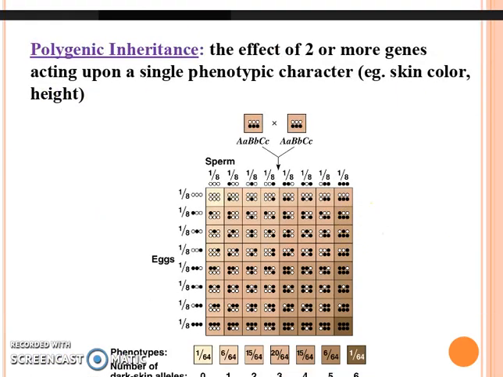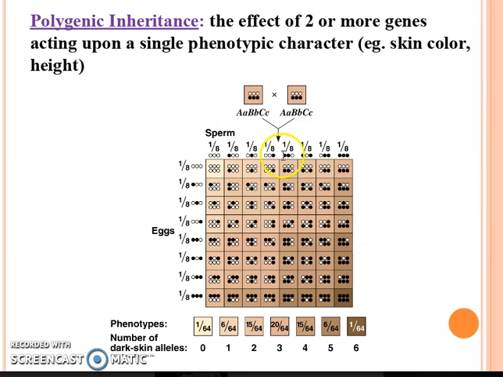Here is polygenic inheritance, meaning there's more than two genes that inherit a single phenotype. The idea about how this works is that the more alleles you have, the more the expression will be. So in the case here, someone who has all recessive alleles will have very, very pale skin. Sounds like a minus, right? It's exactly how that goes.